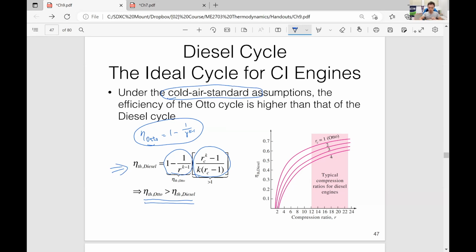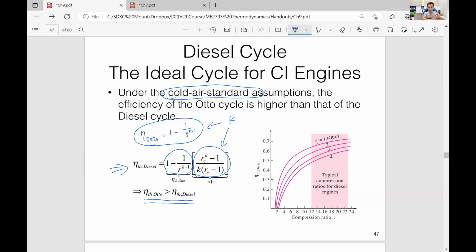So the specific heat ratio for these two efficiencies is the same. Under the same compression ratio, the Otto cycle's efficiency is higher than the diesel cycle's efficiency.